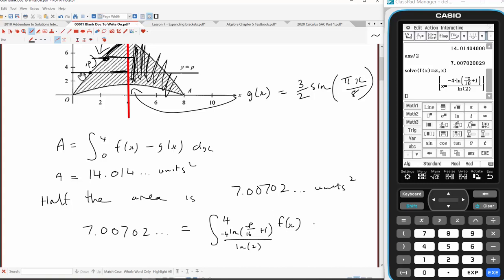So our bottom function is take away p, dx. So what we're basically doing is integrating between there and a value I don't quite know yet, top function take away bottom function, dx, and I know what the area is. So this is known, okay?